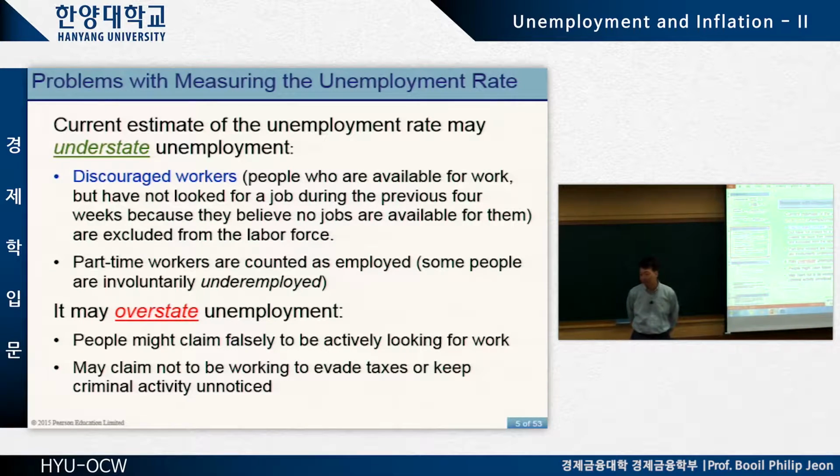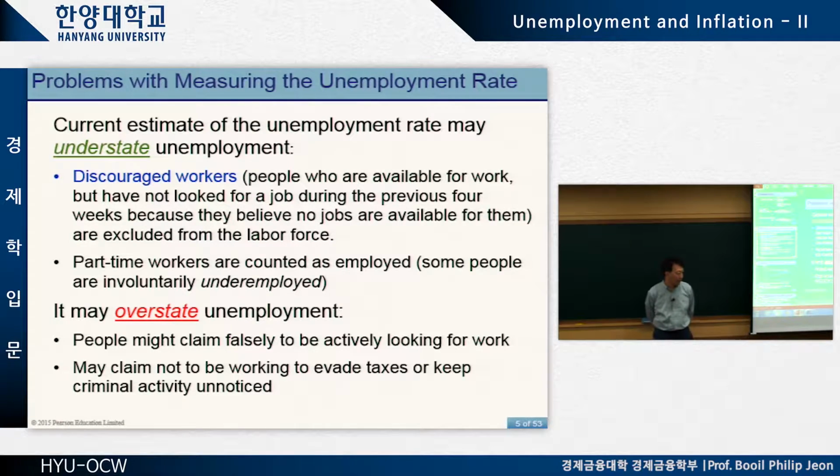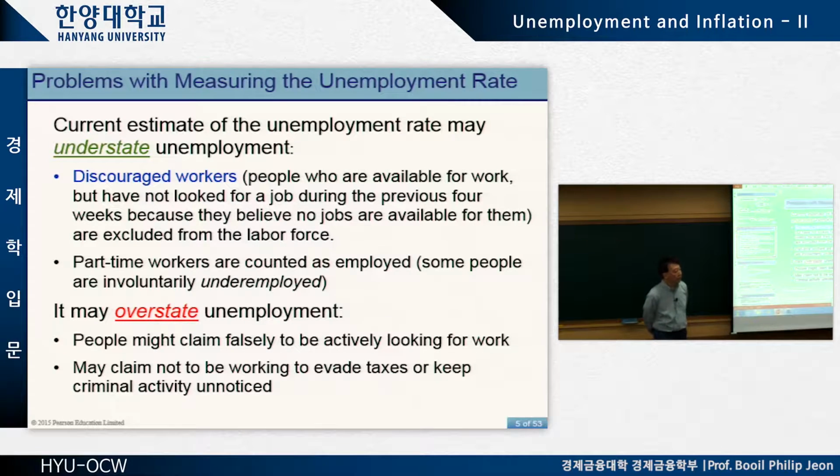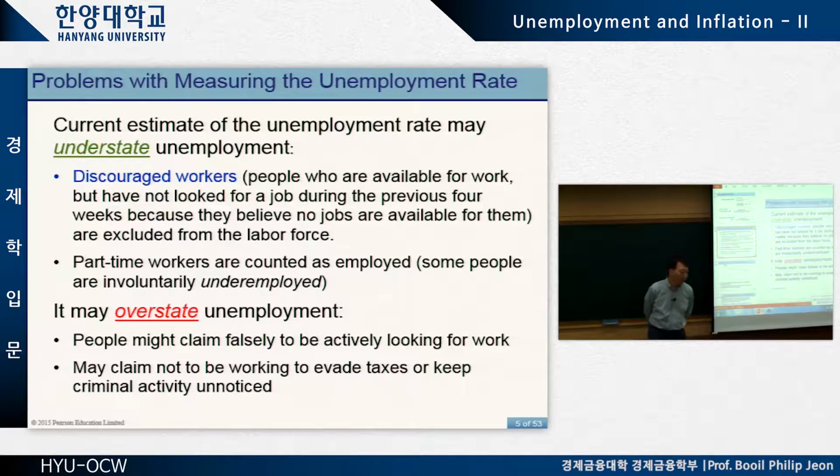And then there are people who are making some income. They're working somewhere part-time and making some income, but they do not report it to the government. They come to the unemployment office and claim themselves as unemployed in order to collect the unemployment benefit.